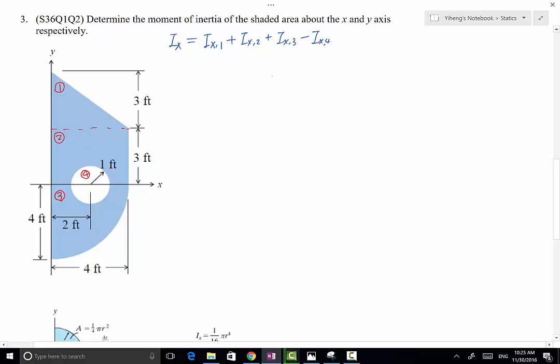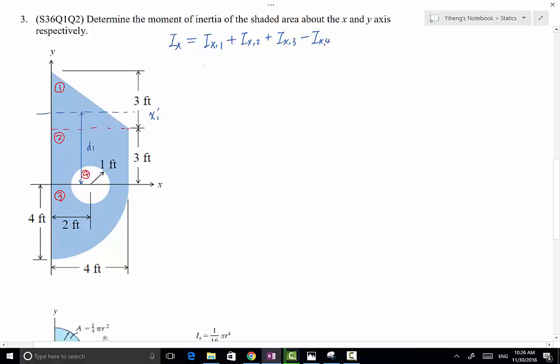For example, when we look at area number 1, this triangular area, we can look up the formulas to calculate the area moment of inertia about its own centroidal axis, which is here. This is at a certain distance, let's call it d1 here.